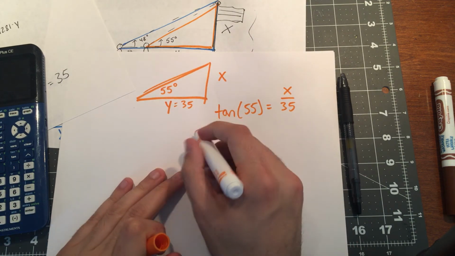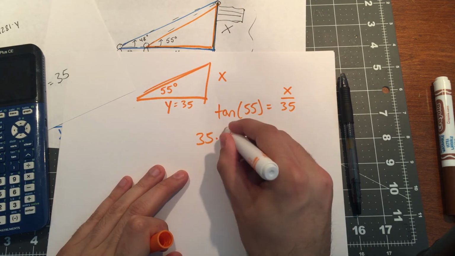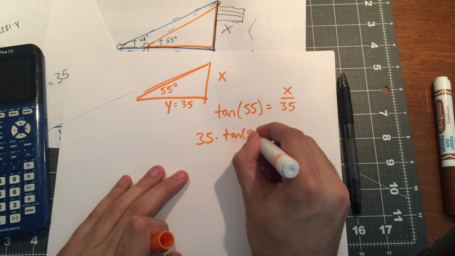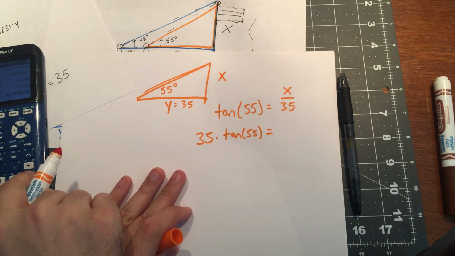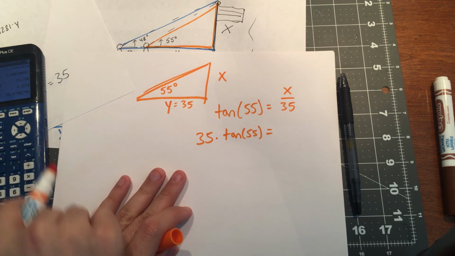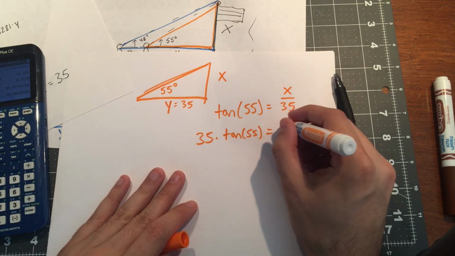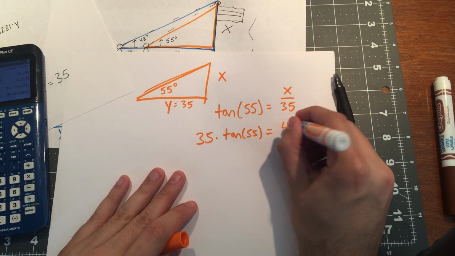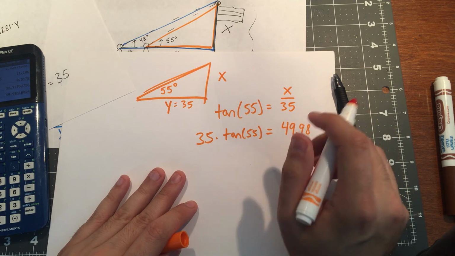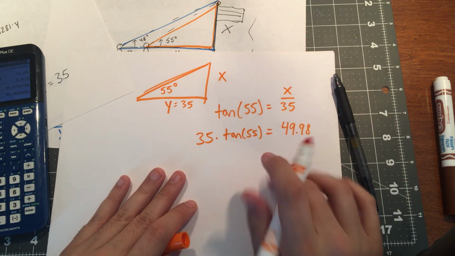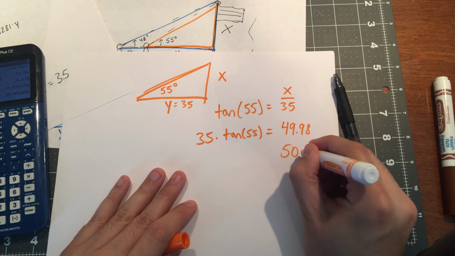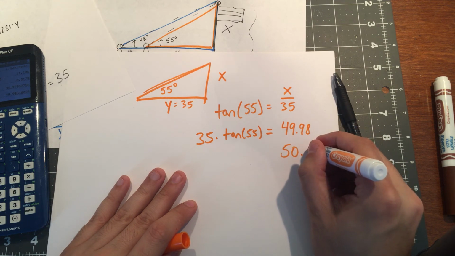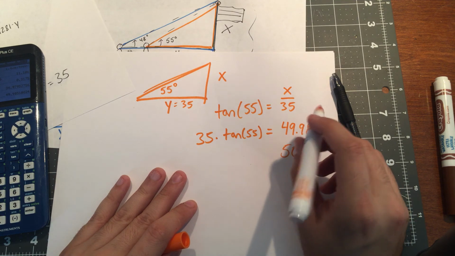And now I'm just going to type 35 times the tangent of 55 into my calculator, and it's going to give me the answer. 35 times tangent of 55, and I get 49.98. If I want to round to one decimal place, that'd be around 50.0. And in this one, it's meters.